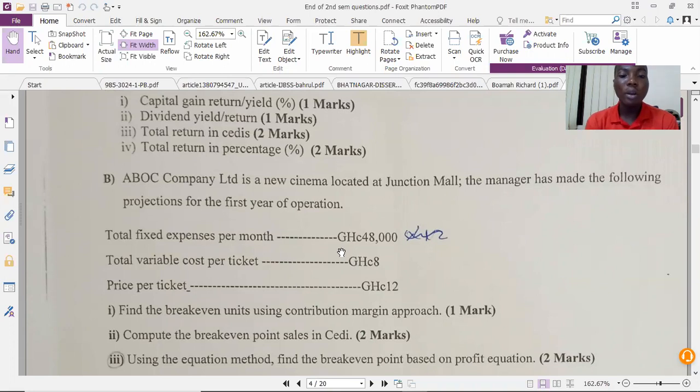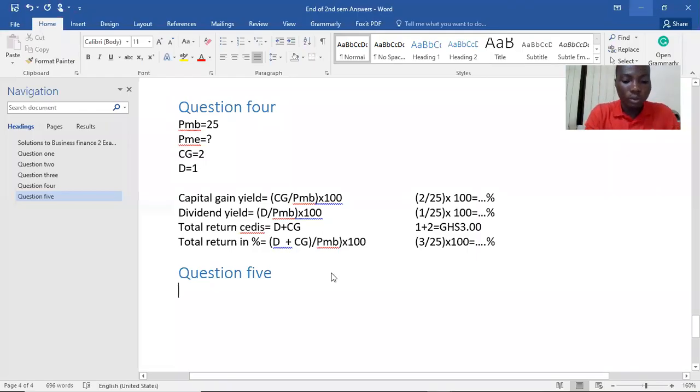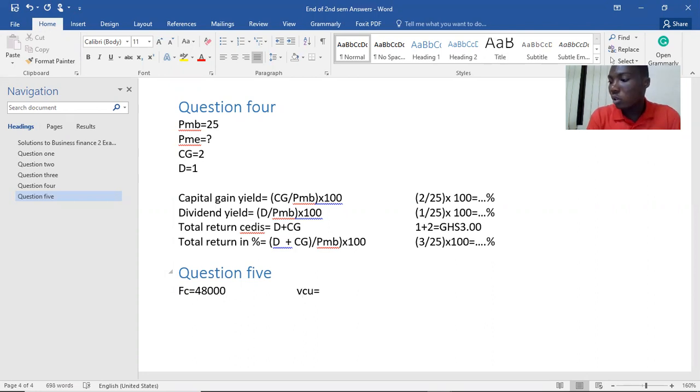These are all the variables you need to manipulate in every question they are going to ask you: the fixed cost, variable cost per unit, and then the price. Now, let's put our variables down. So fixed cost is equal to 48,000. VCU is equal to 8.